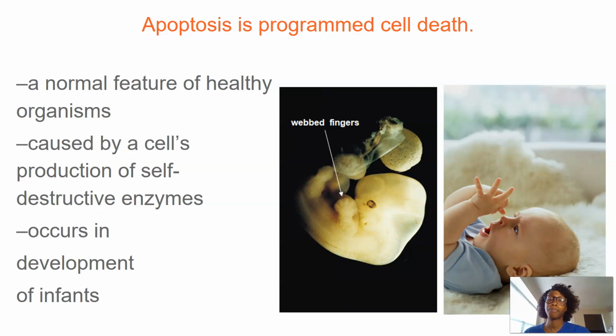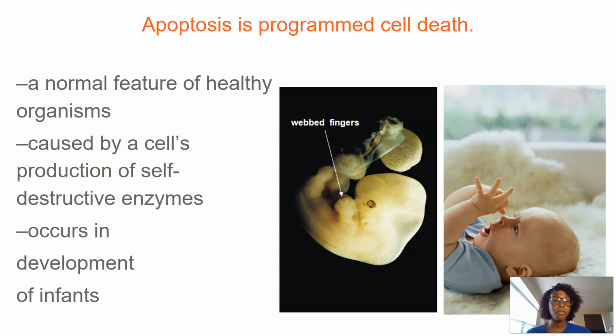A good example that I like to use for students to show apoptosis in effect is webbed fingers. When you are an embryo in your mom's stomach, your fingers are webbed together at first.